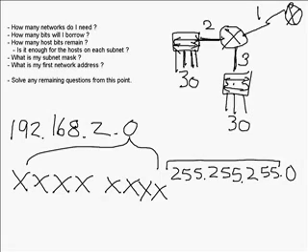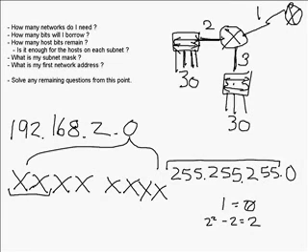Now, when borrowing bits, like I told you last time, we have the formula 2 to the n minus 2. And you can also build a table. In other words, borrowing 1 bit will get you how many networks? Well, 2 to the 1 is 2, minus 2 is 0. So borrowing 1 bit yields 0 networks. If I borrow 2 bits, 2 squared minus 2 is 2 networks available.